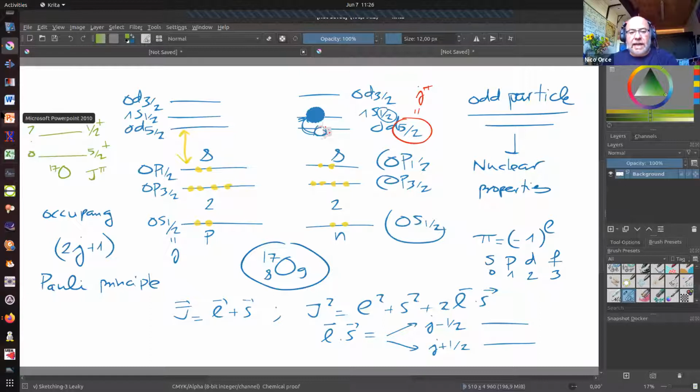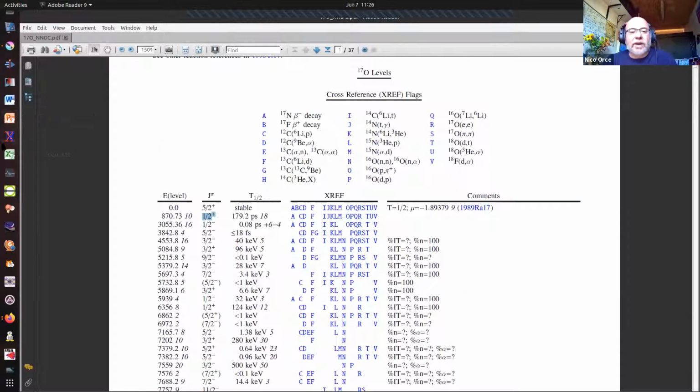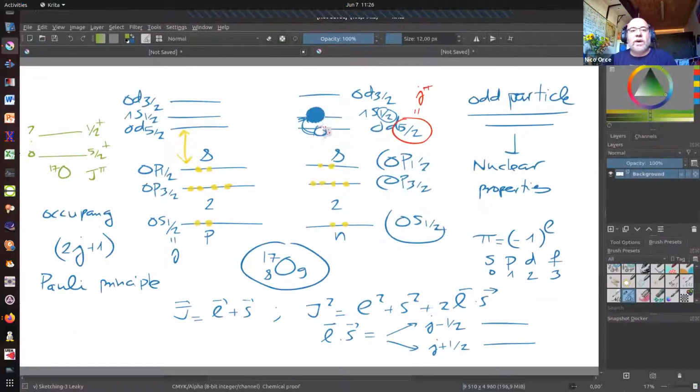So then it tells us, look, that the next one is at 1/2 minus. Actually, let's consider the energy, because this energy now is a big jump, 3055, right? So here it was 870. Put the energy of the state here, 870.